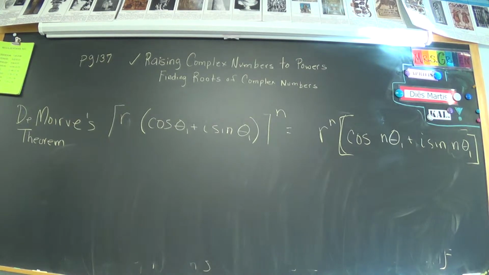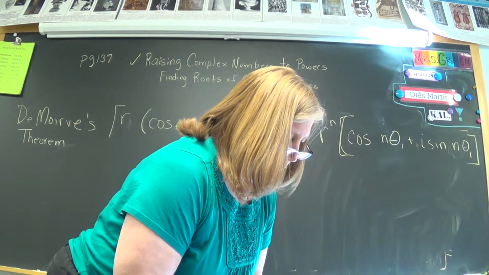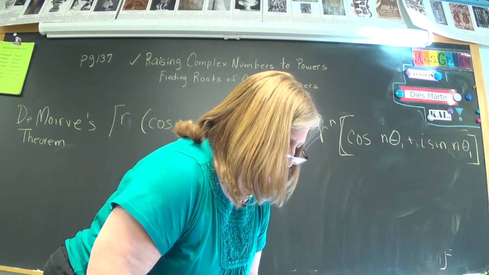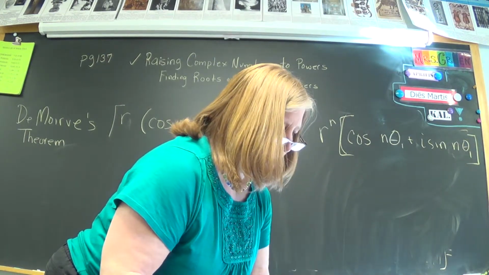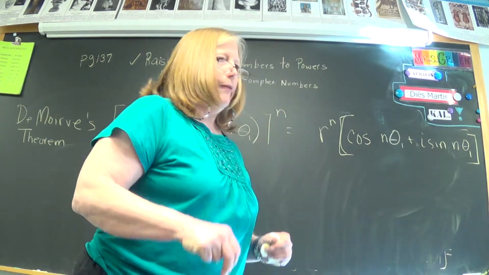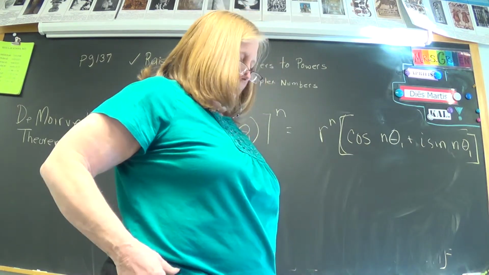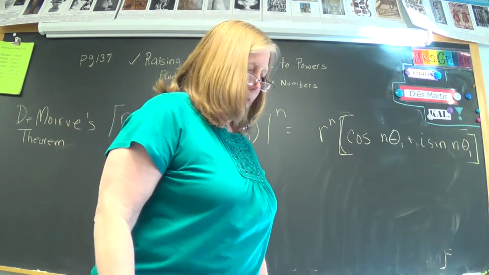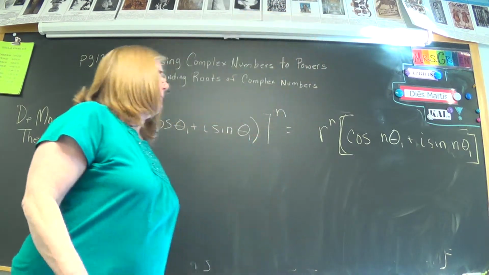All right, Demoivre's theorem: how to raise a number to a power. Let's do one example and see if you can apply it. Let us take our first homework, so we'll conquer two things with one. If you would switch to the spot where you're going to do the homework, the first one we're going to do is number 78.